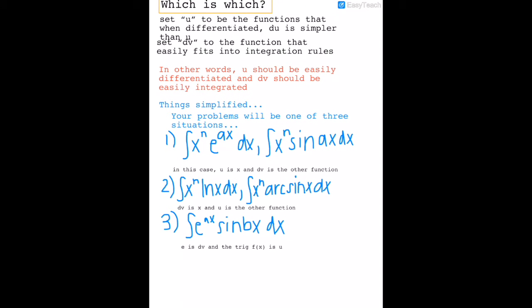The second case is x to the n times ln x, or x to the n times any of the arctrig functions. For this situation, dv is x and u is the other function. The third example is e to the ax times sine or any of the trig functions. And in this case, e is dv and the trig function is u.